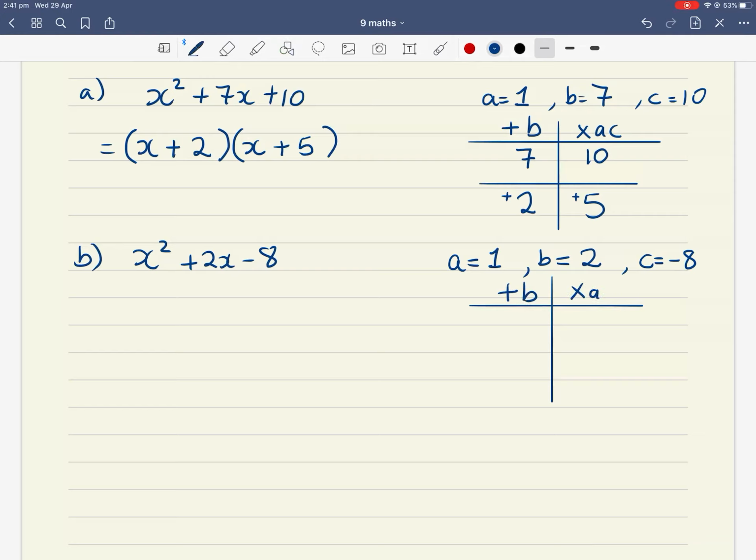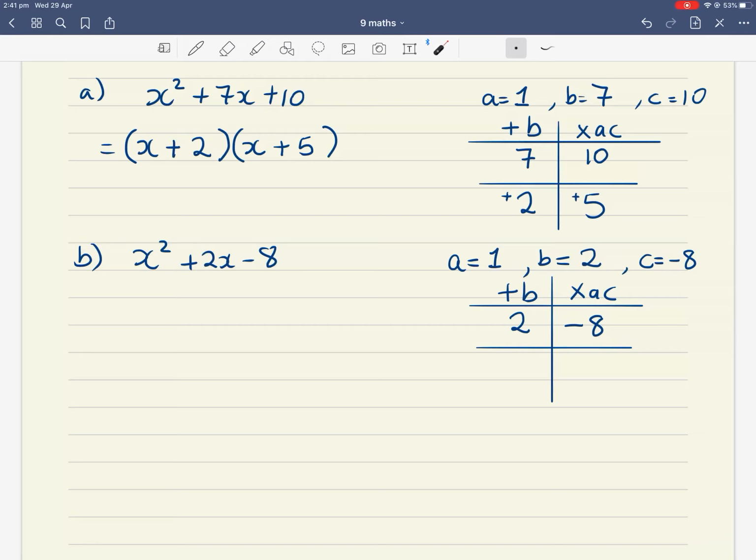So then you draw a small table, plus B times AC. So filling in your table, B is 2, so underneath your B column you write 2. AC, A times C, so 1 times negative 8 gives you negative 8. So in your AC column you write down negative 8.